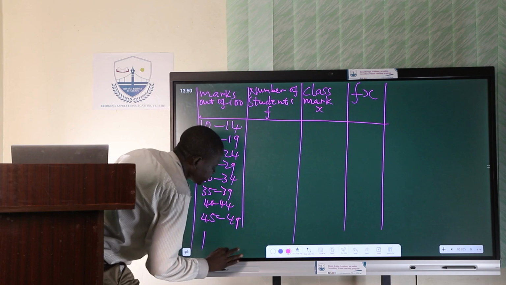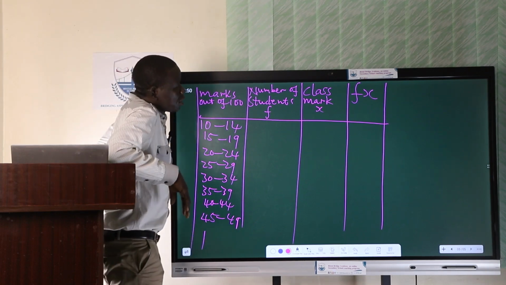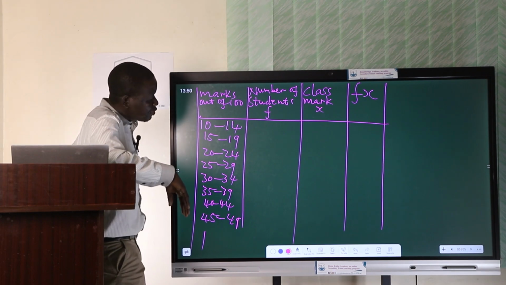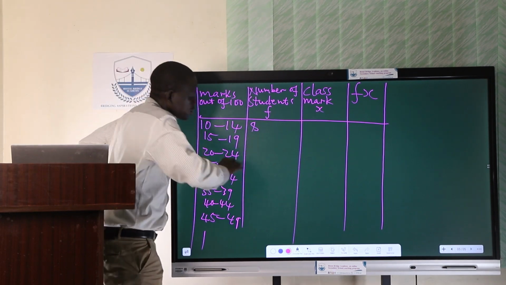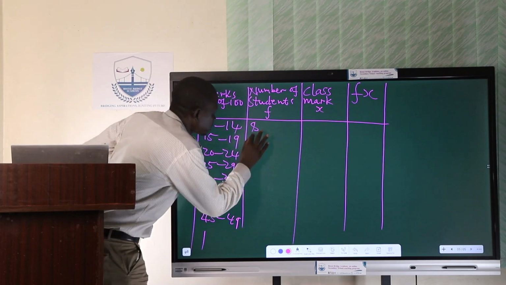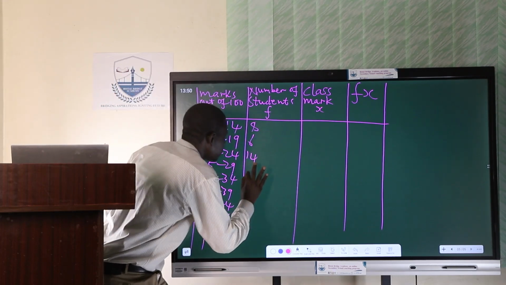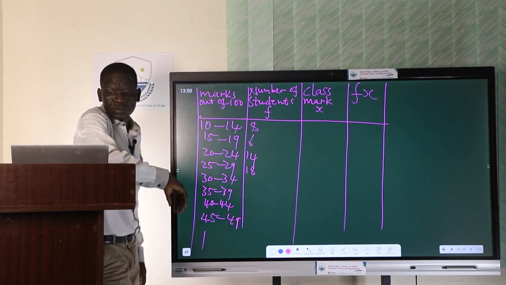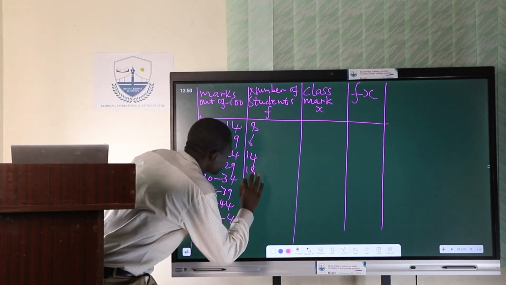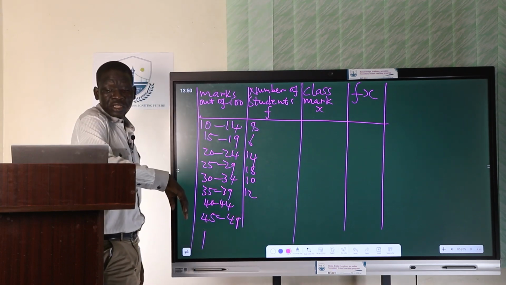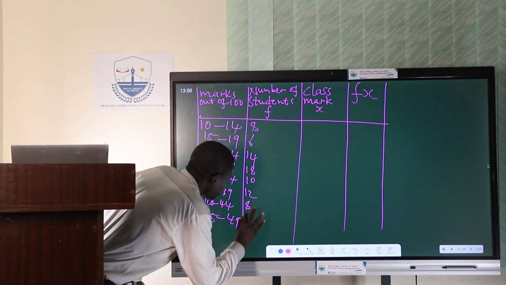These are the classes. Now, the number of students has been given, which represents the frequency. We have 8, 6, 14, 18, then 10, 12, then 8, and 6.